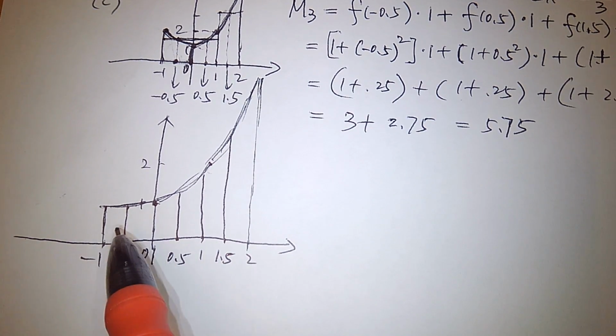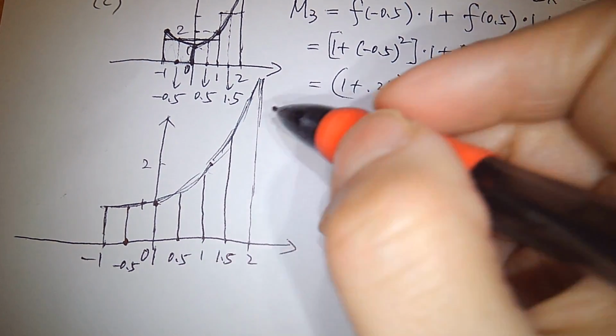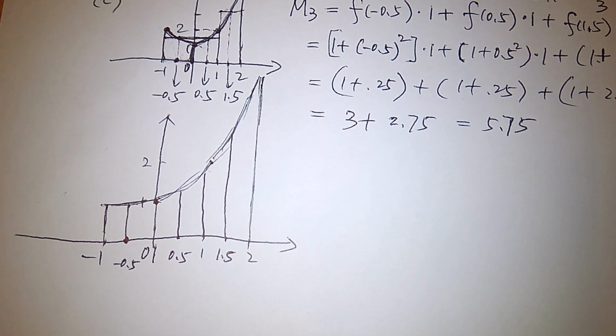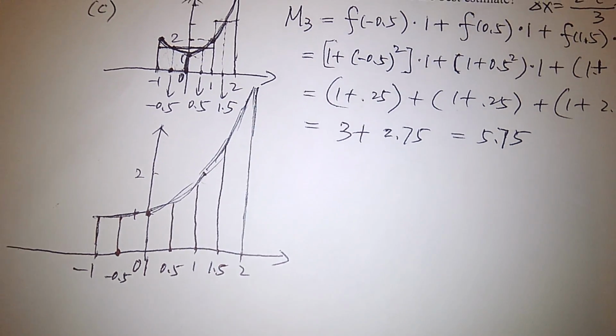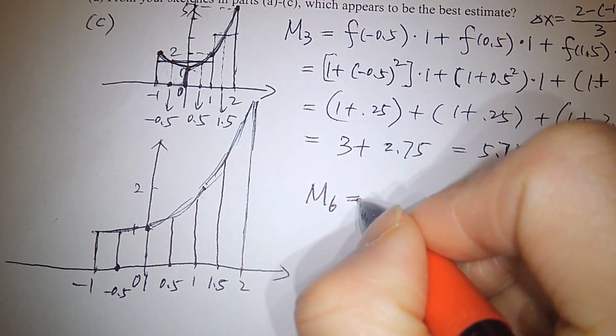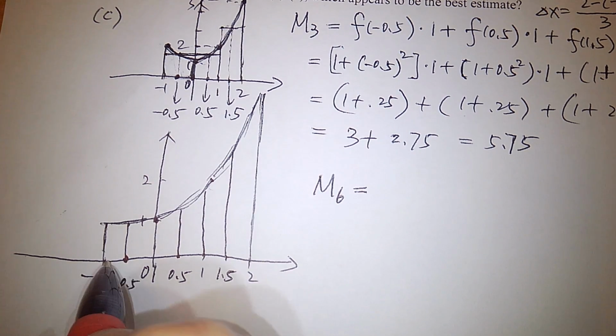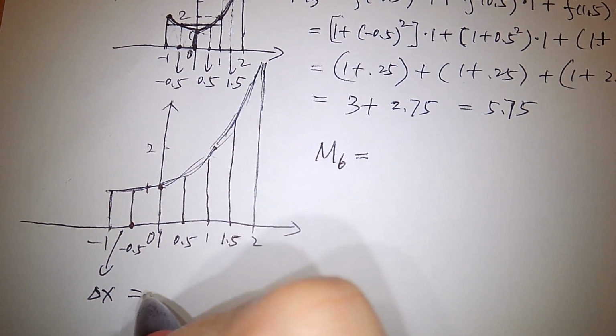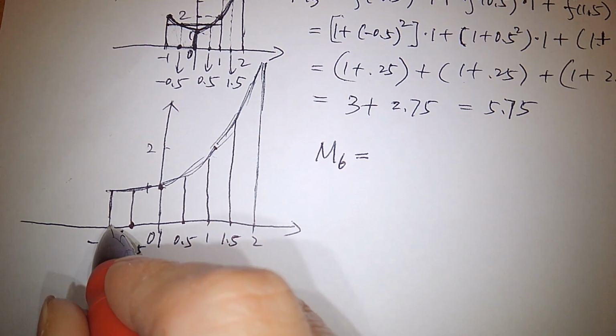Alright, so we have 1, 2, 3, 4, 5, 6 strips. But these are not all rectangles, right? Alright, so what will be the M6? What is delta x each time?